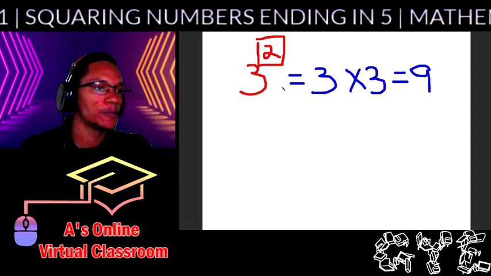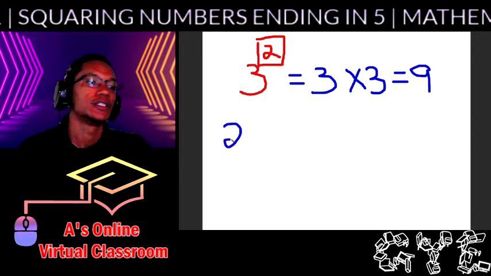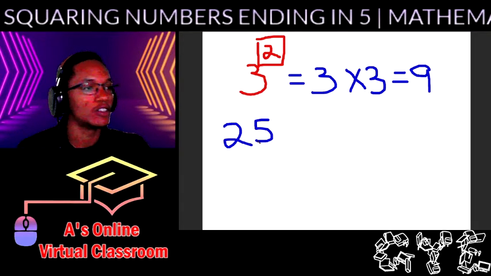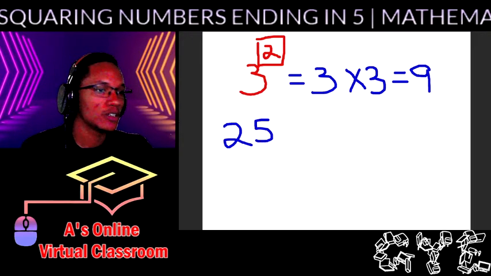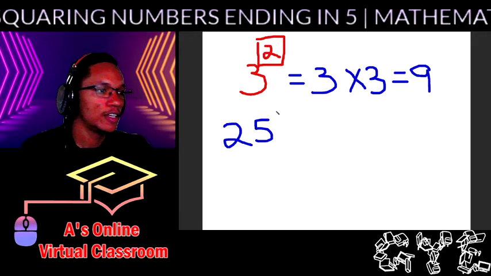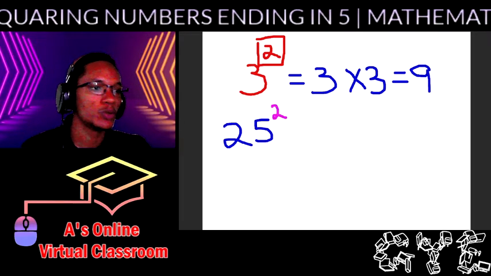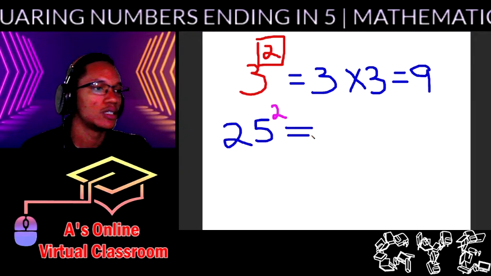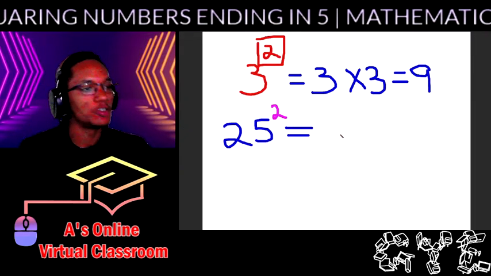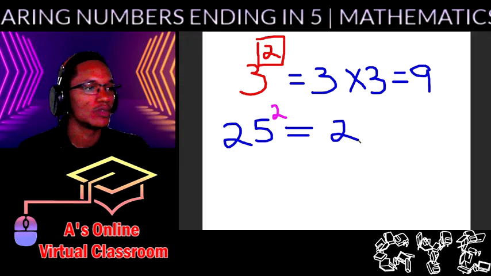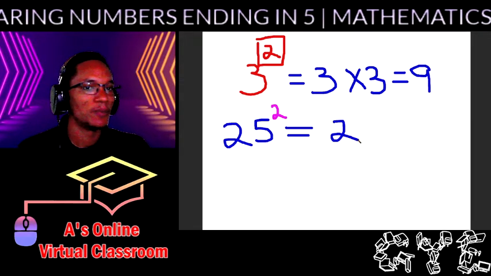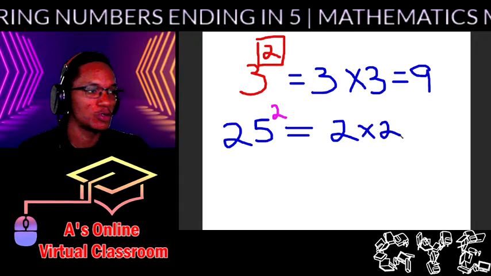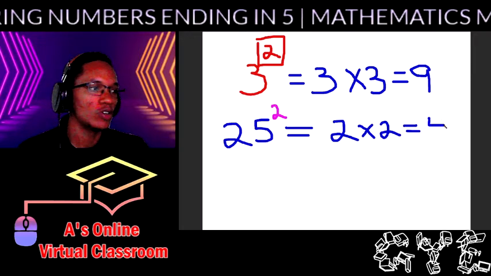So let's say we have a number like 25. Make sure and get your calculator because you know you had to double check me to see if I'm doing it correct. If we want to square 25, what we will do is take the 2, multiply it by itself. 2 times 2 is 4.